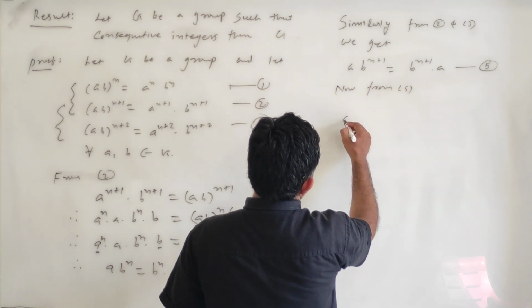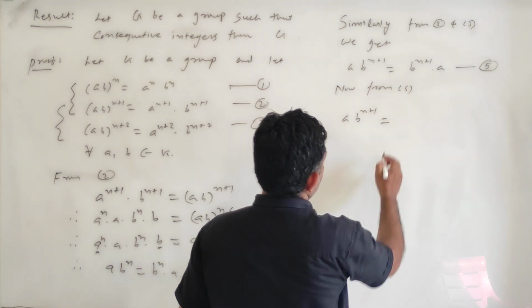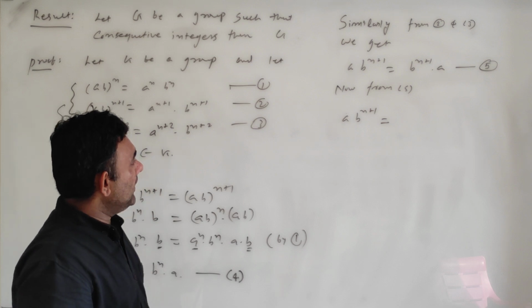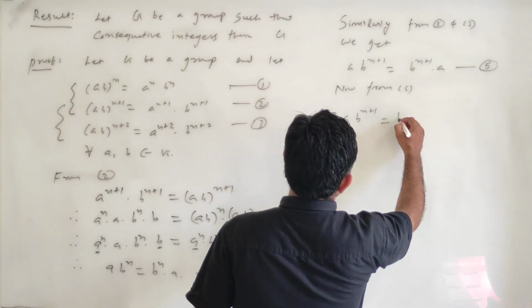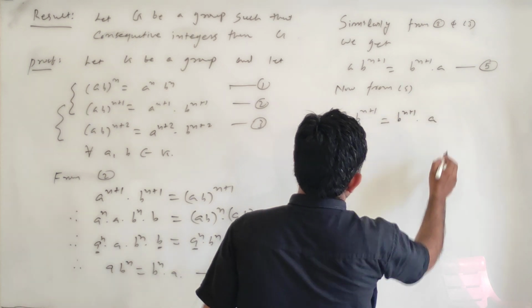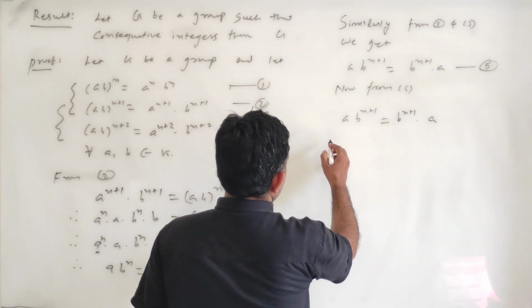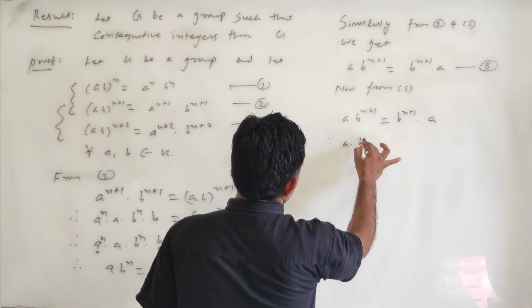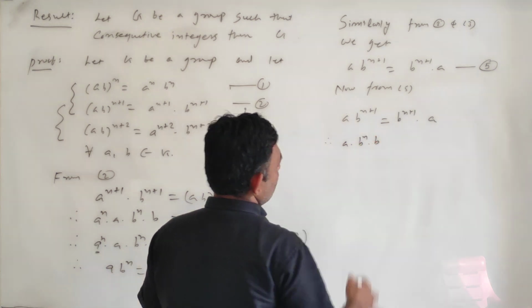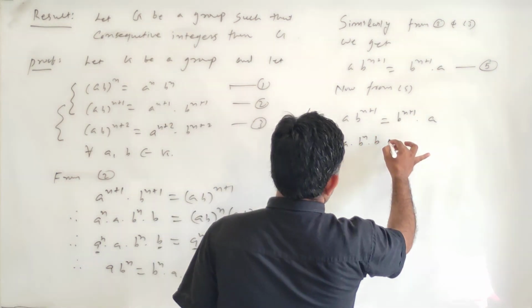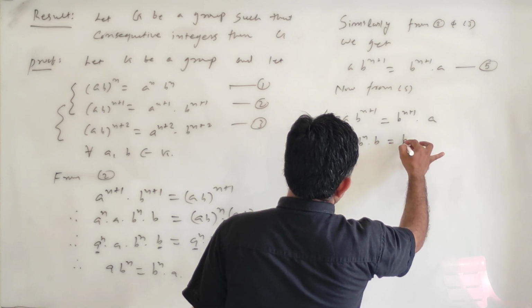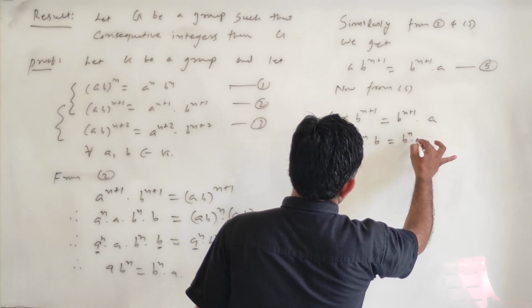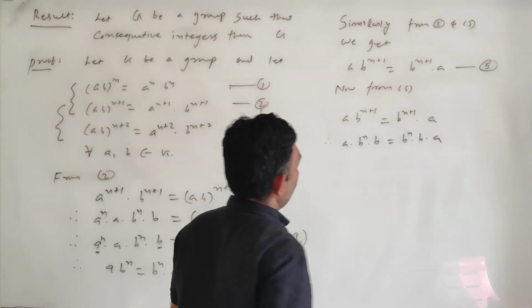Now from 5, let me start with ab raised to n plus 1. From 5, ab raised to n plus 1 is equal to b raised to n plus 1 into a. Therefore I can write a into b raised to n into b, splitting n plus 1 in this way, and this is b raised to n into b into a.